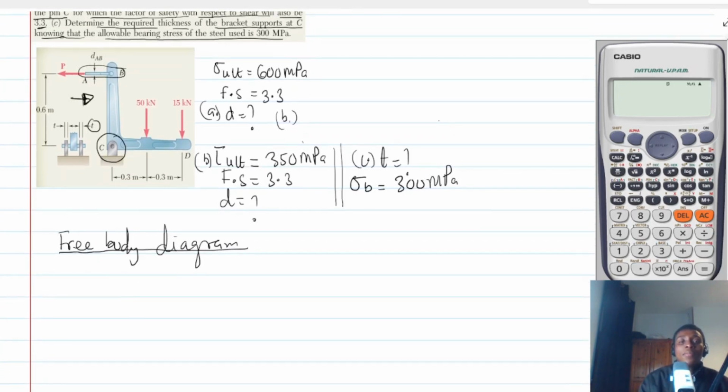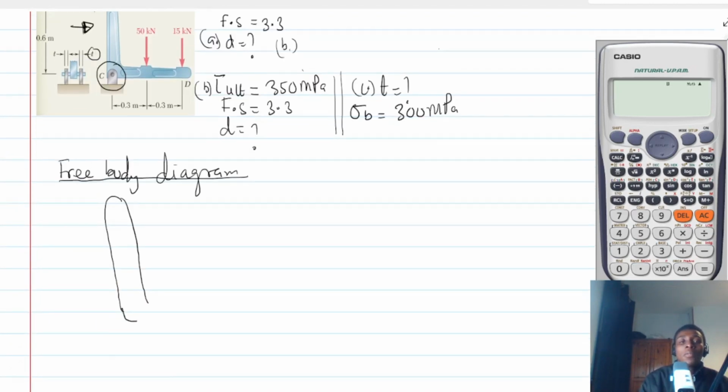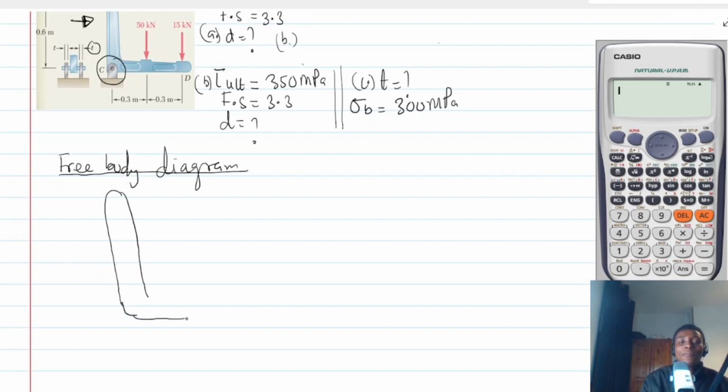So for the free body diagram, it looks like it's already drawn. It's just going to be something like this, and then something like this. Okay, so this is the free body diagram.